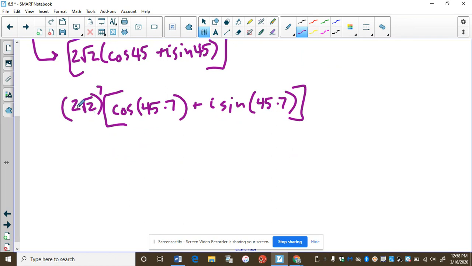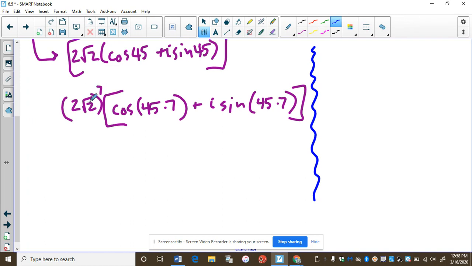When I do 2 radical 2 to the 7th power, there's a whole bunch of different ways we could talk about it. I'm going to jump over here for this. So this is some work I'm doing in the margin. If we're in pre-calc honors, we could plug this into the calculator. But any odd power of an even radical is not going to work out into an integer. We'll say that again.